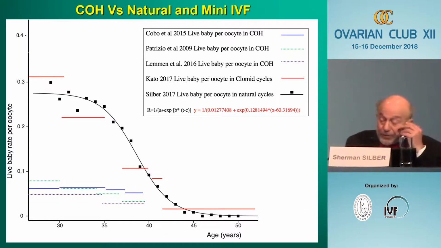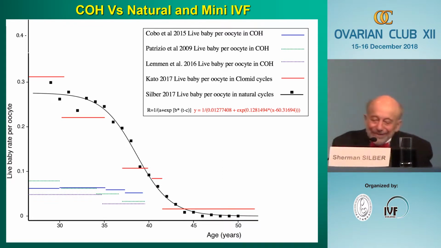And this is an example, so you don't get confused, of our graph with no stimulation or very, very minimal stimulation. And I hope Norbert enjoys this graph. Pasquale and I put this together, but then you can see lower what the pregnancy rate and live baby rate is with ovarian stimulation.